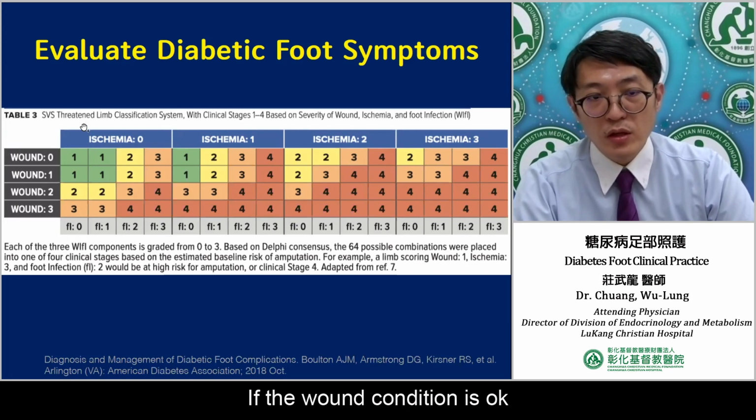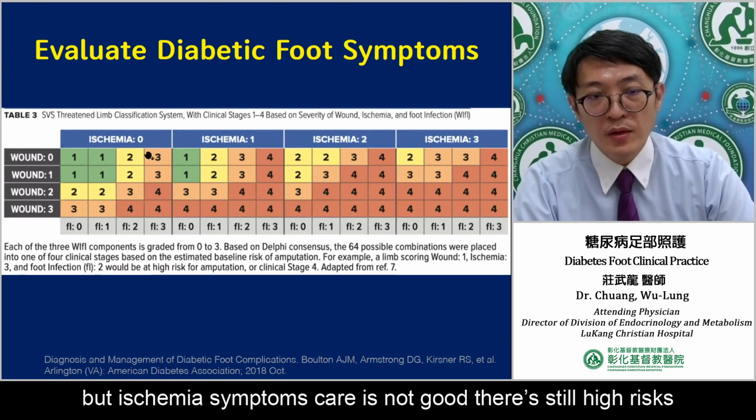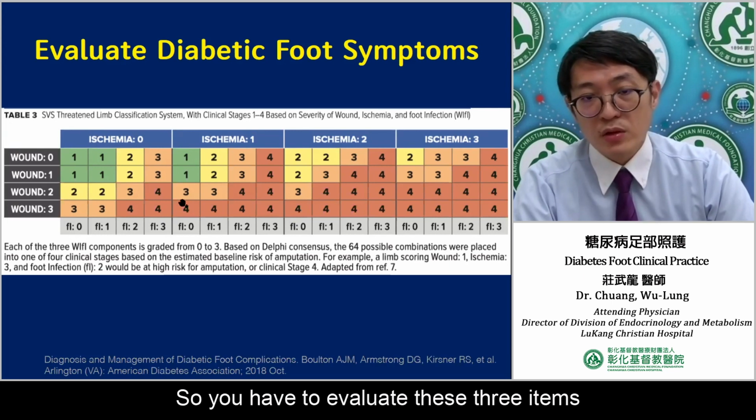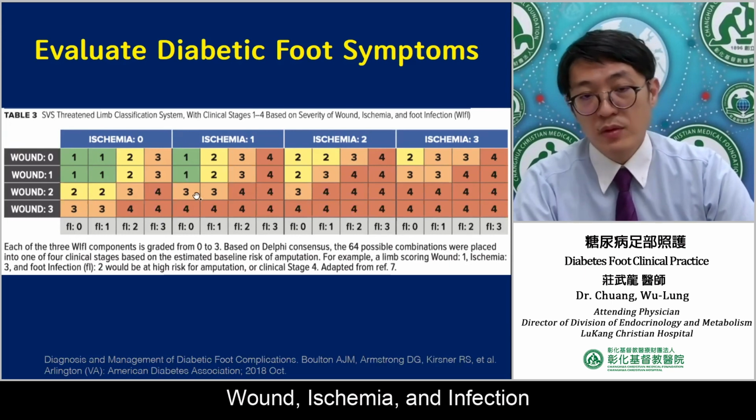But if the wound condition is okay and the ischemia symptom is not good, it's still high risk because some patients may develop gangrene even if the wound is still small. So you have to evaluate three items: wounds, vascular status, and infection.